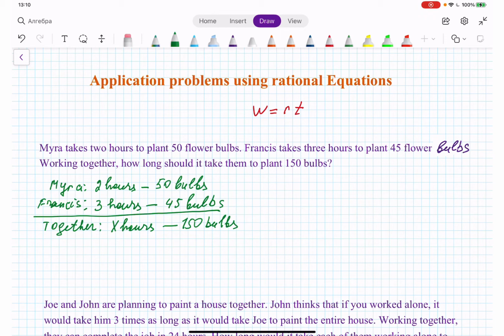We need to know that first, and after that we can find out how long it will take to plant 150 bulbs. So let's find out how many bulbs Myra will plant within 1 hour and Francis will plant within 1 hour, and adding together we will get how many bulbs they can plant together within 1 hour.